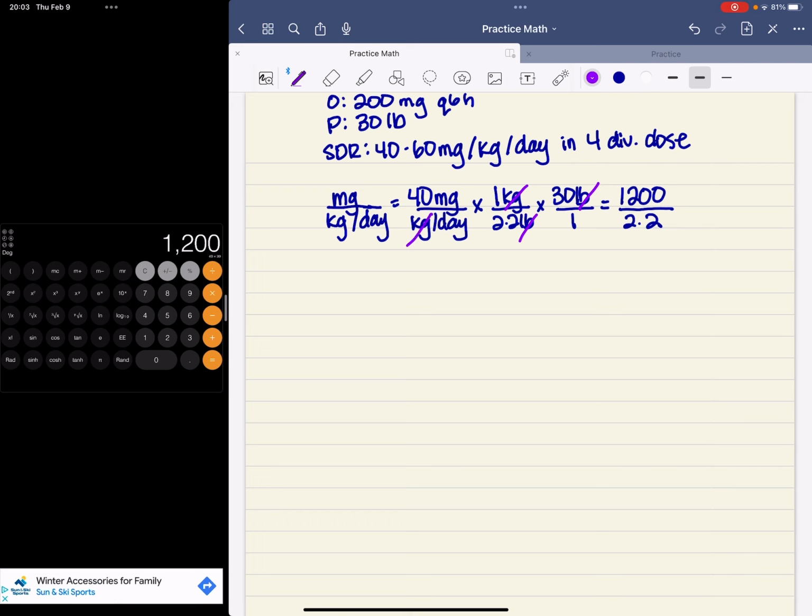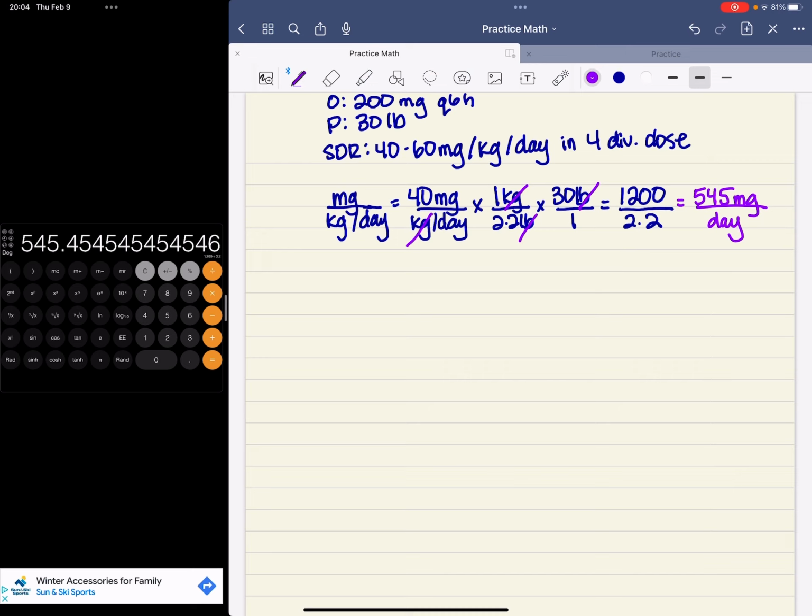So then you would divide, right? 1200 divided by 2.2 is 545 mg per day. That's the minimum, right?